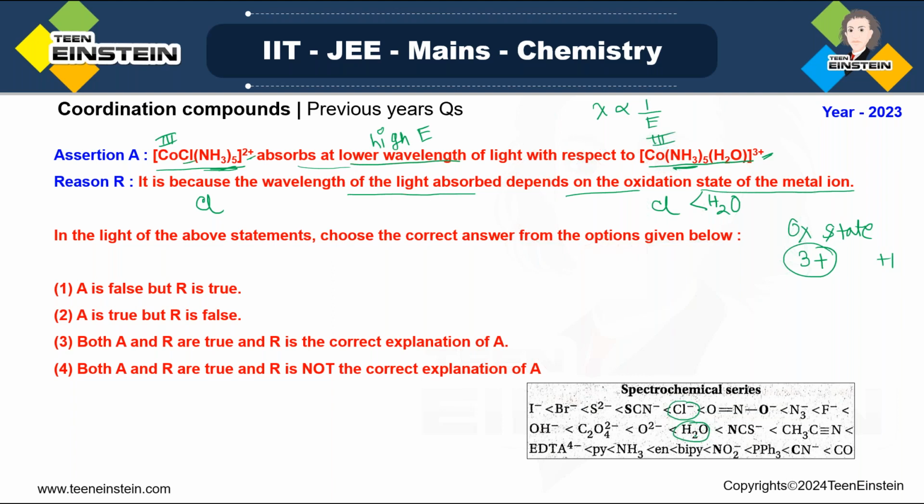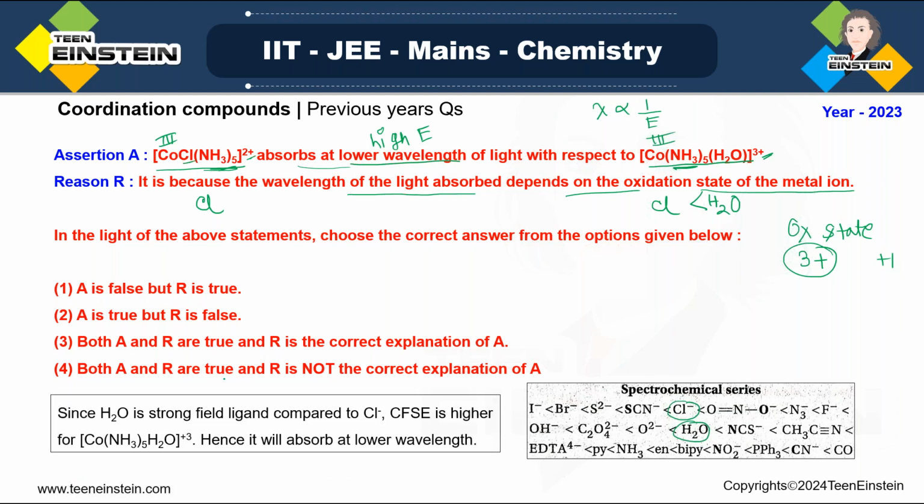So obviously where water is present, provided rest of the things are same, the second complex will absorb at higher energy. Since water is a strong field ligand compared to chloride, CFSE is higher for the second complex, so it will absorb at lower wavelength because these two are inversely related to each other. So assertion statement is not correct, it is false, but reason is true. Option 1.